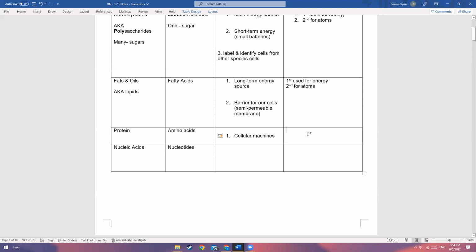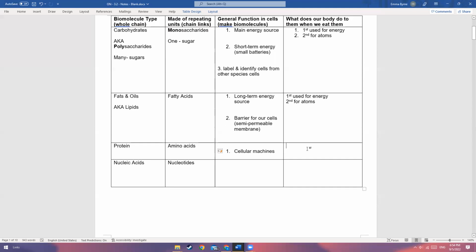And here, what our body does when we eat them is actually the opposite. Proteins are first used for atoms to build other structures. We're really using proteins as building block source material.